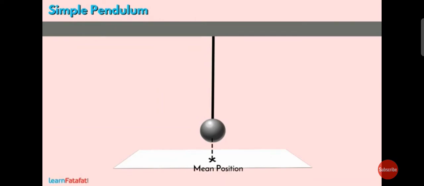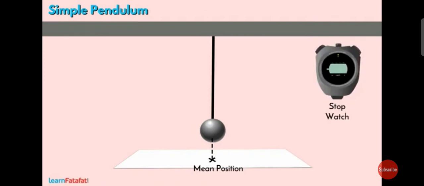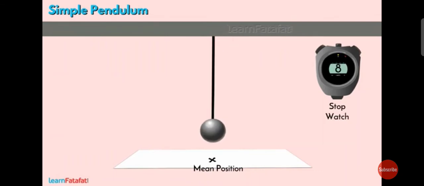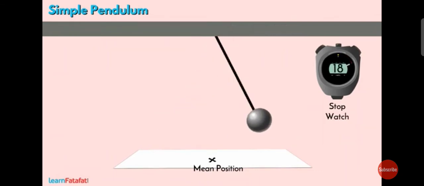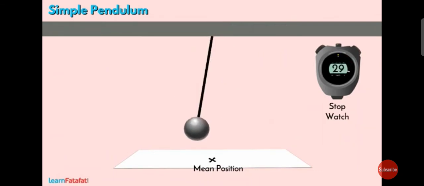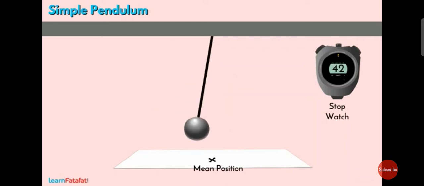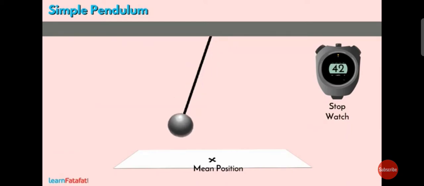Take a clock to measure time, preferably a stopwatch. Keeping the string taut, bring the bob to one side. Now release the bob and at the same time start the stopwatch. Go on counting the oscillations. Stop the stopwatch as soon as the pendulum completes the 20th oscillation.